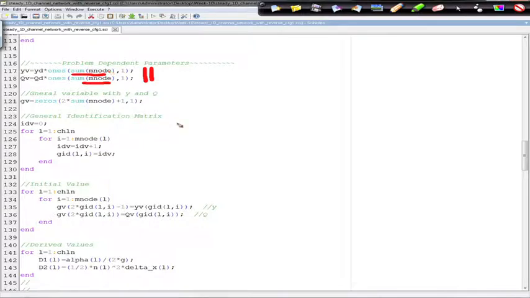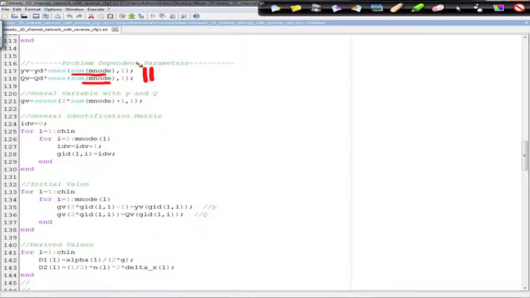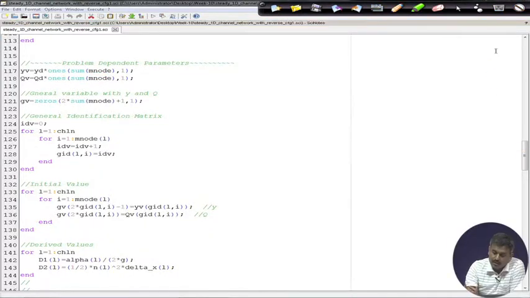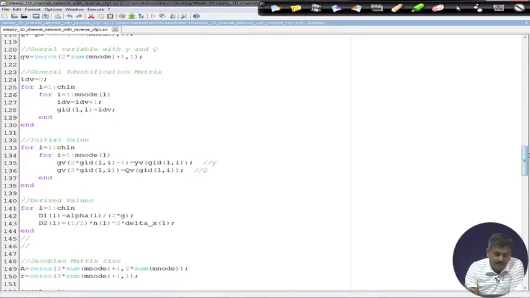So, we have sum into M node, which considers all sections for all channel reaches, and QV also considers all sections and all channel reaches. Now, we have a general variable GV, which should be 2 into sum M node, and we can consider this as 2 into sum M node unknowns.